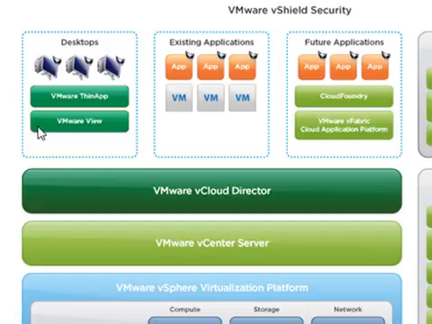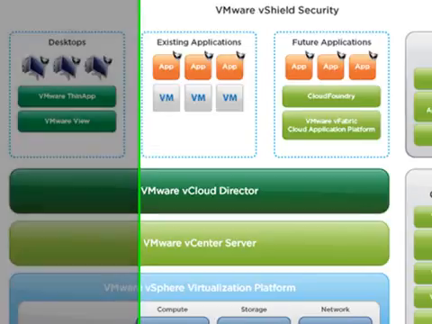And then on top of that, up here, you've got desktop virtual infrastructure with VMware ThinApp and VMware View. And then you've got your applications running inside virtual machines that are running on top of vSphere. You've got future applications like Cloud Foundry and the VMware vFabric. These are all software as a service or development applications offered by vSphere.